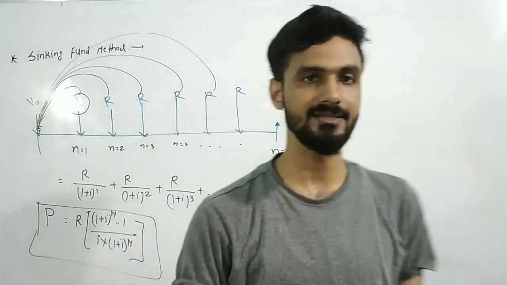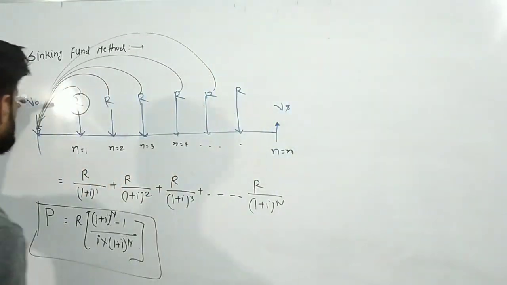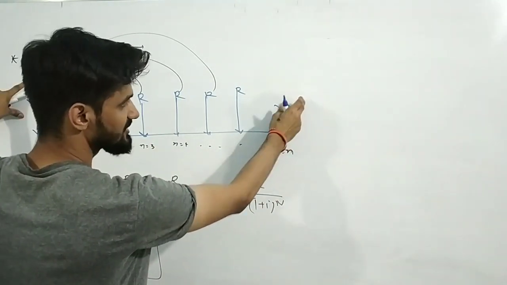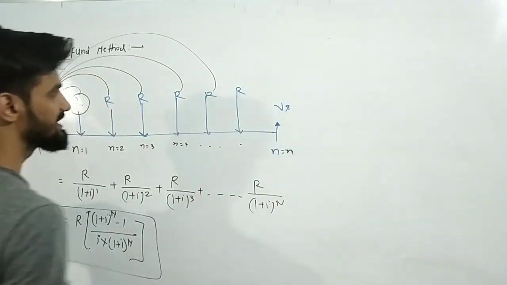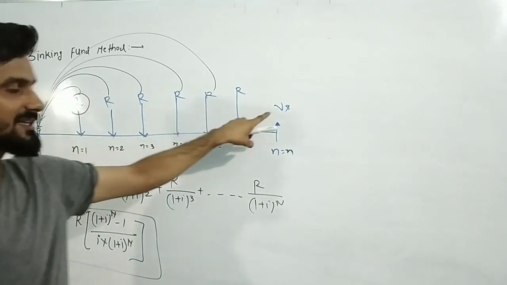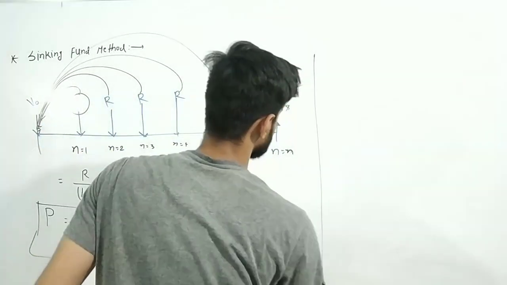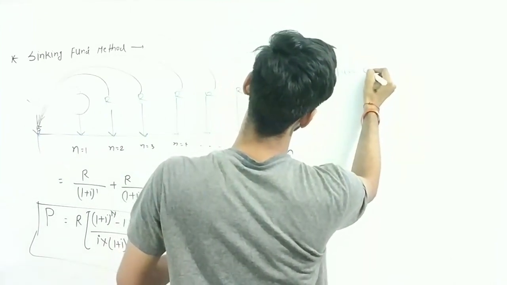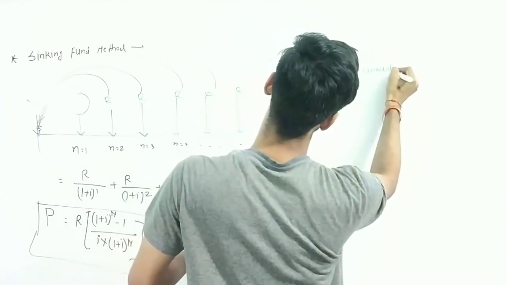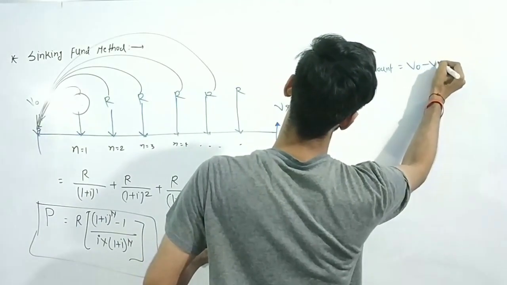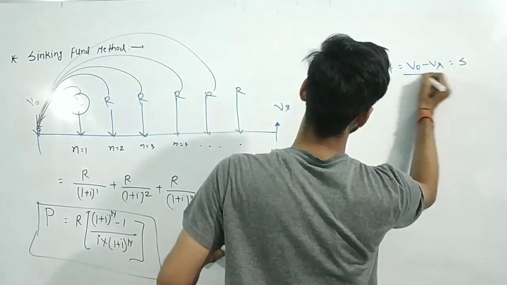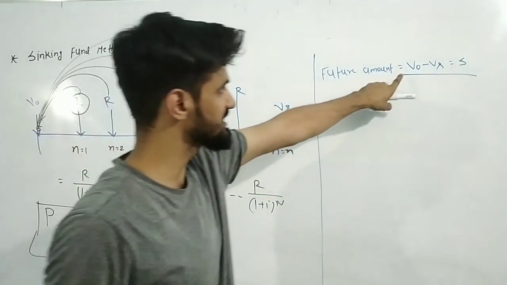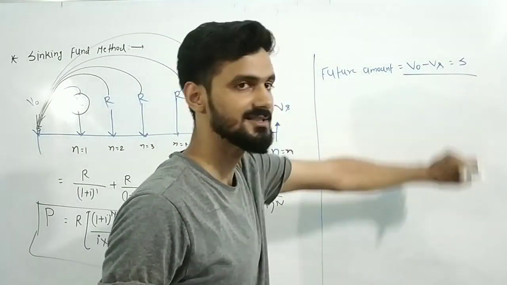The amount you will get is equal to V0 minus Vs, because you have invested V0 amount here, and at the end you are getting Vs. So the future amount is equal to V0 minus Vs, which I am writing with the help of S. S is equal to V0 minus Vs, where V0 is the original cost of the asset and Vs is the salvage value.